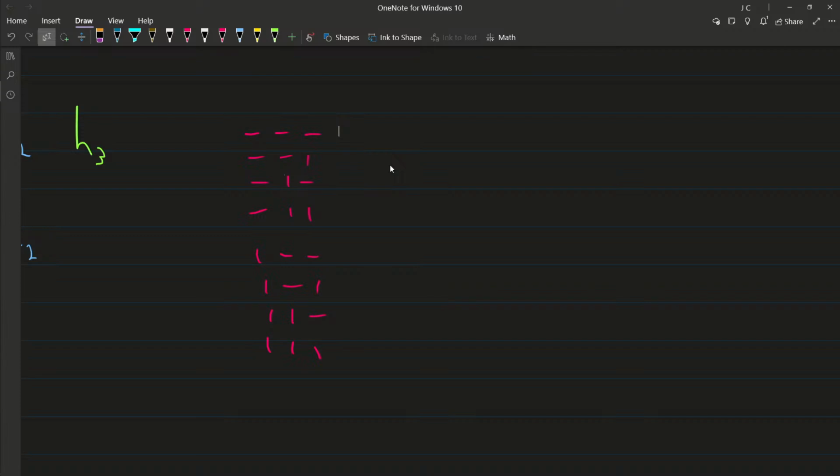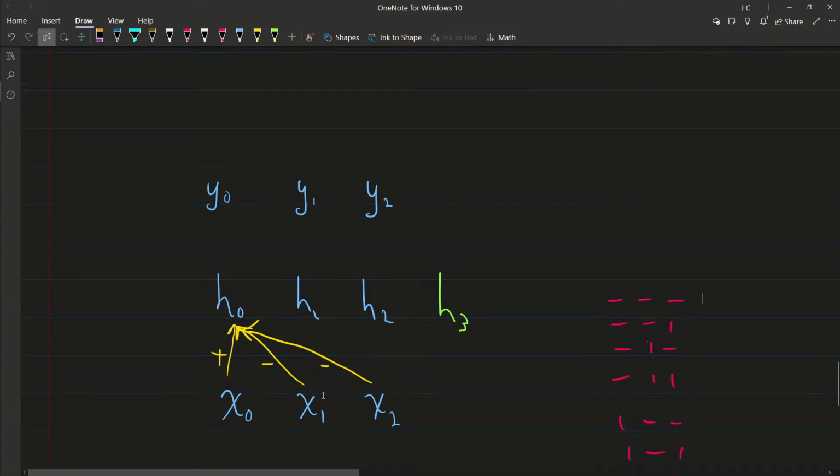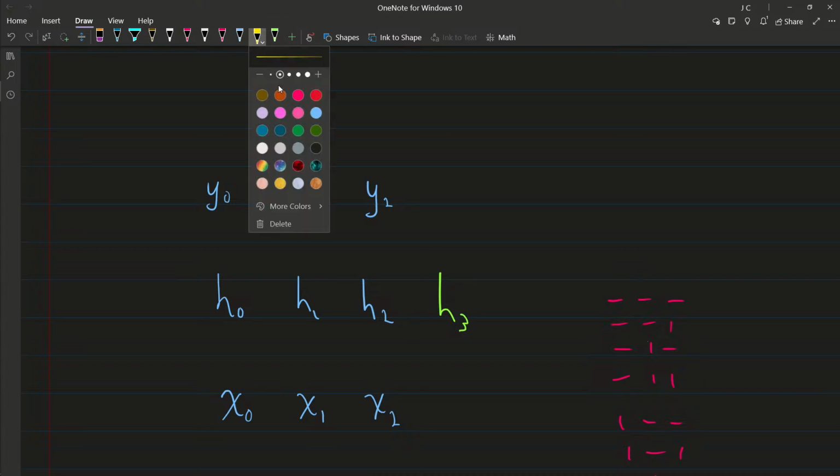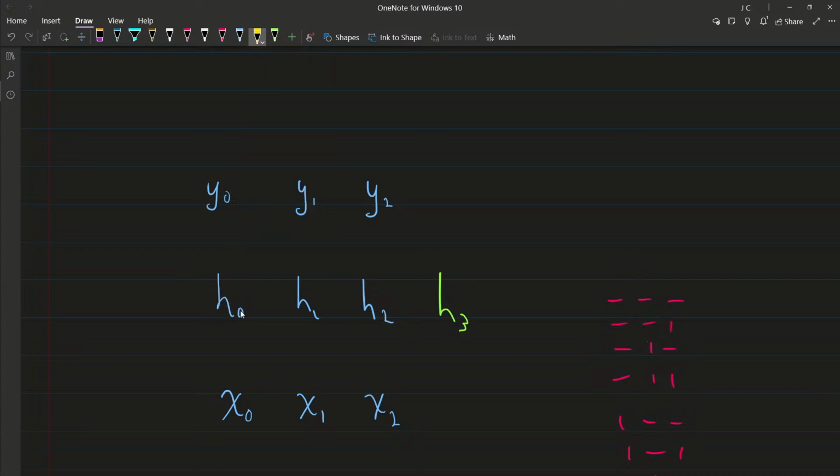If you have the neural net setup going here, we're working with this interpretation where each of these hidden units, these are the inputs.